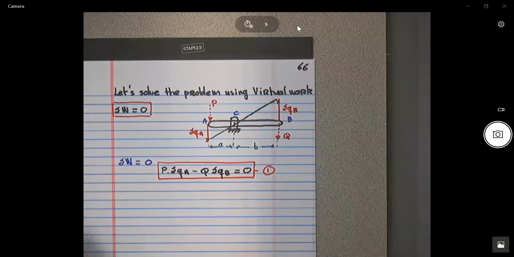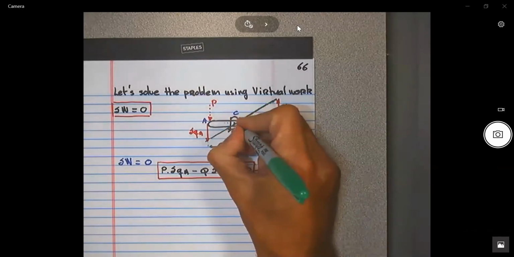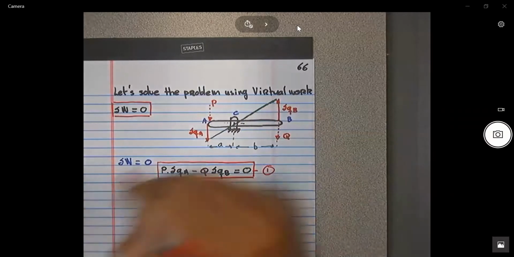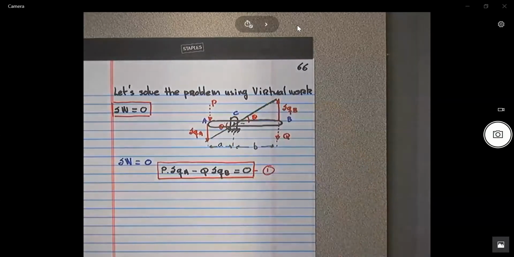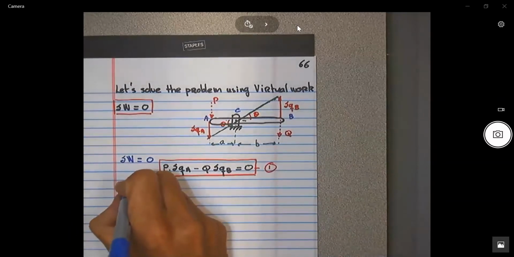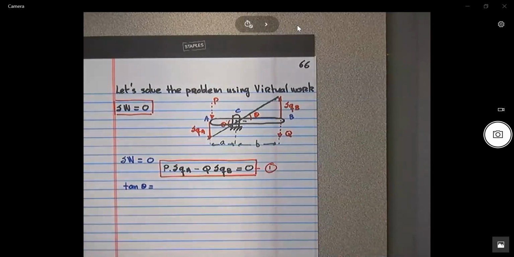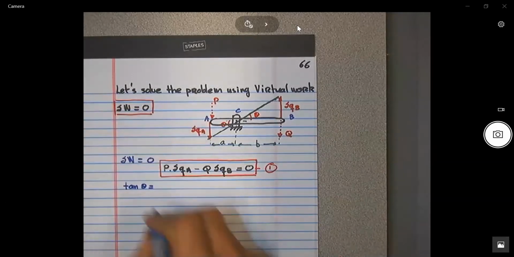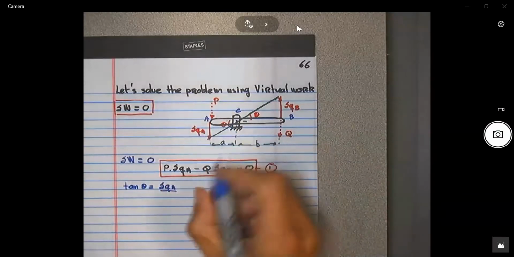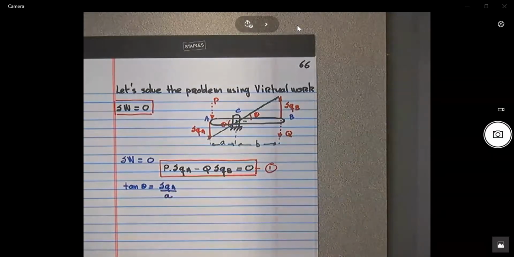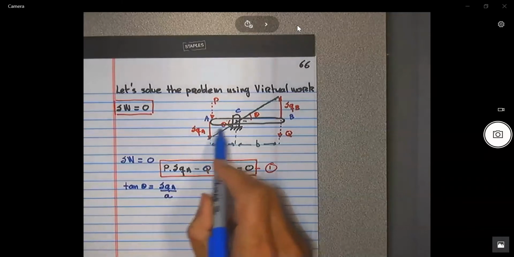Can we find a relation between these two quantities, delta Q sub A and delta Q sub B? This is done very simply. Let's look at the angle over here. This angle should be the same. So our second equation: tangent of theta, on the left-hand side, should be equal to delta Q sub A over A, height over length.